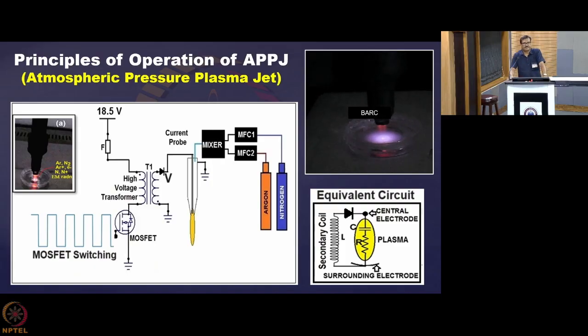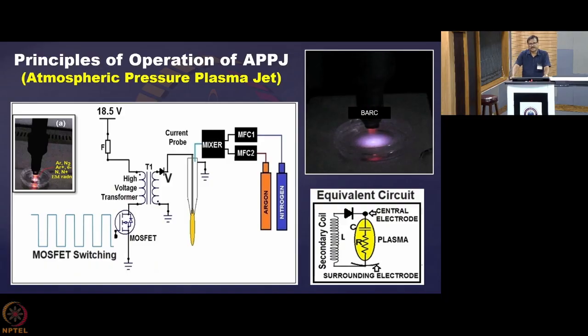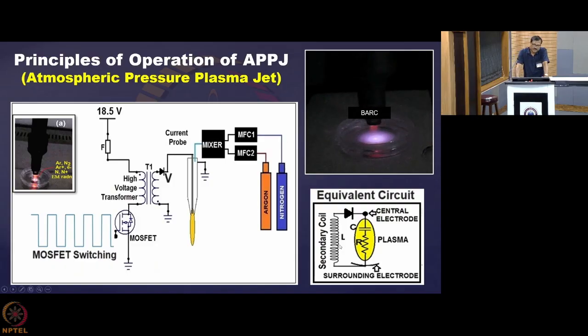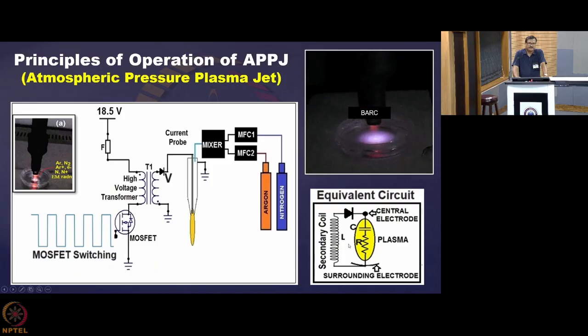Now comes the atmospheric pressure plasma jet. Here we are using the electromagnetic induction principle. The EMF that is created is proportional to the rate of change of magnetic flux.